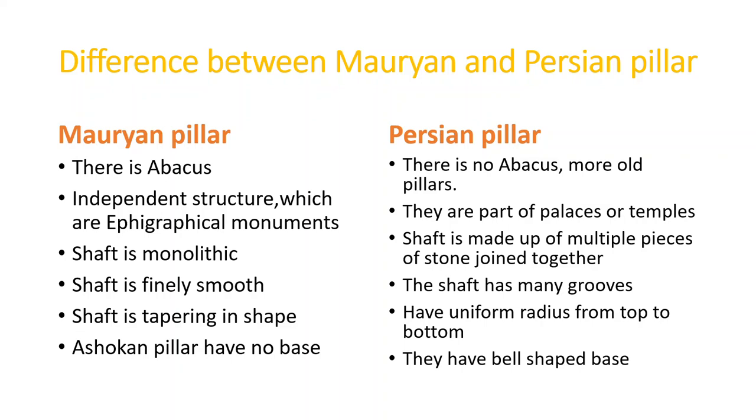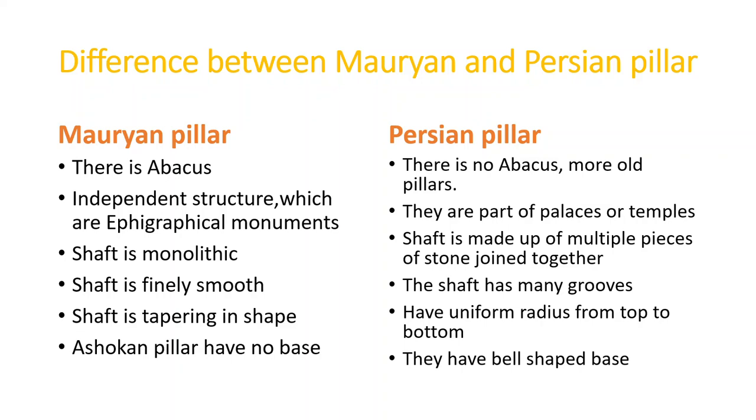Mauryan pillars are made of a monolith of one single material, whereas in Persian pillars multiple stones are used to make the shaft. Here the shaft is very smooth, whereas in Persian pillars the shaft has many grooves. The shaft of the Mauryan pillars is tapering in shape, that is, it has a large base radius, and towards the top its radius reduces.